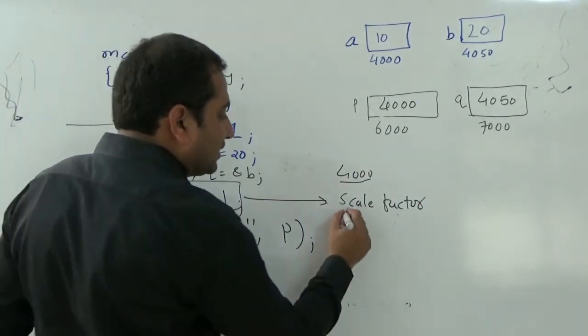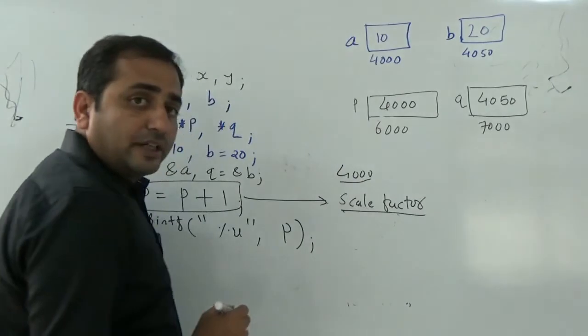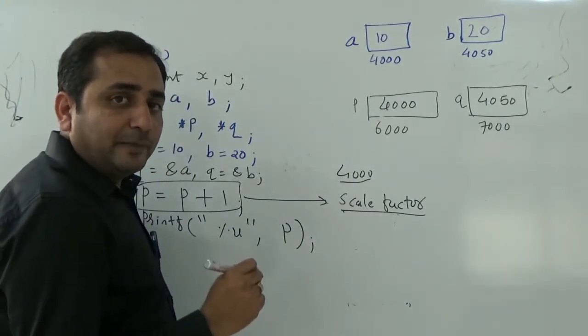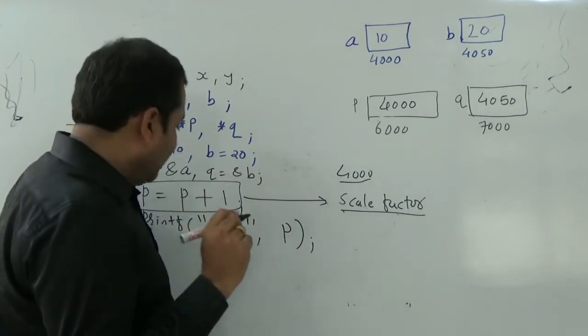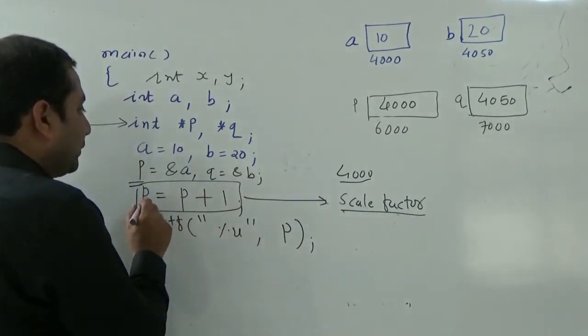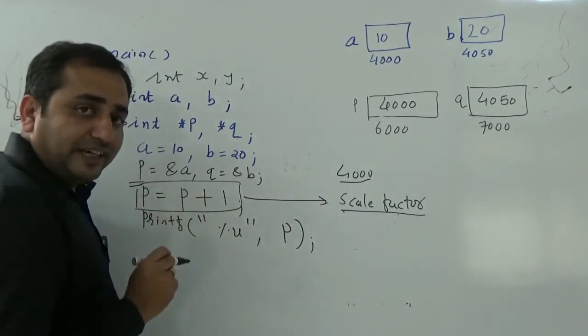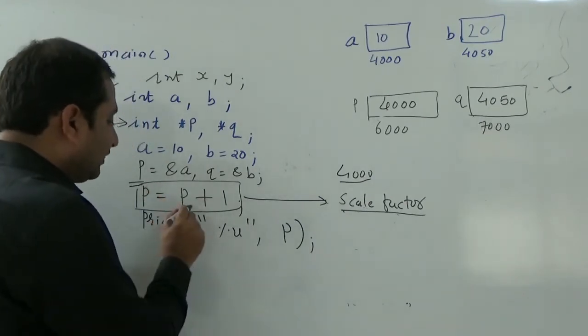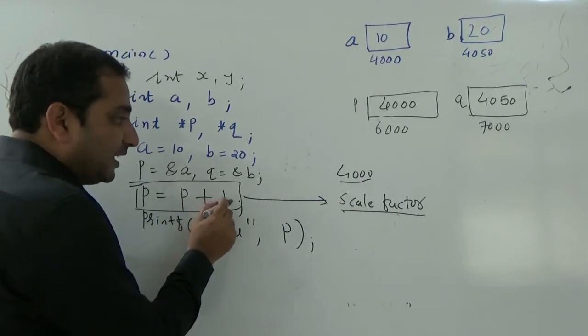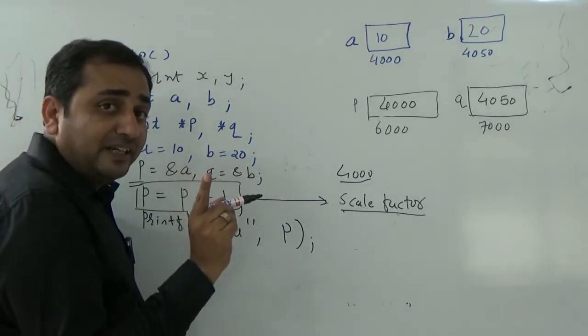Now you might have a question, what do you mean by scale factor? It is always incremented by the size of the data type that I am pointing to. So in this case, p is pointing to an integer variable. So what is the size of an integer? Yes, 2 bytes. So in this case, rather than incrementing by 1, it will be incremented automatically by 2.